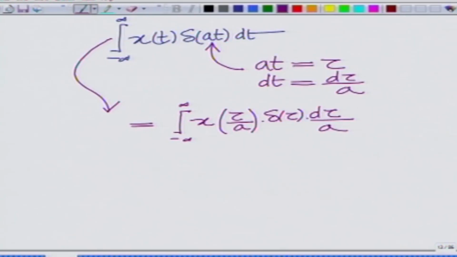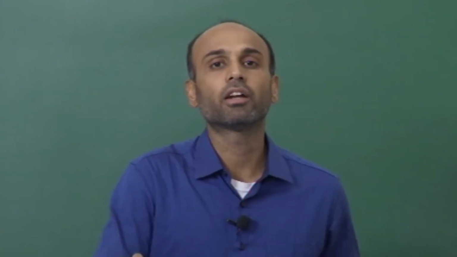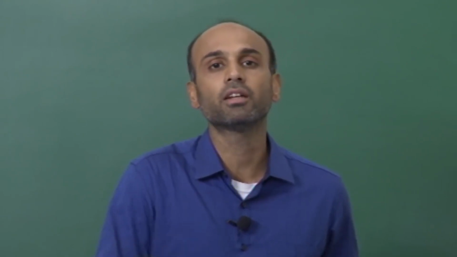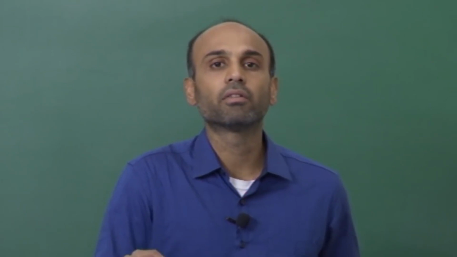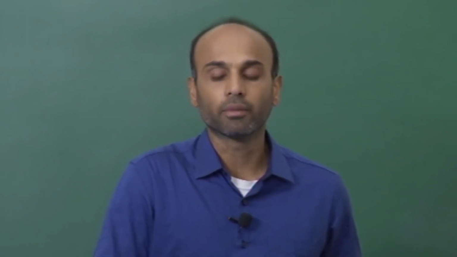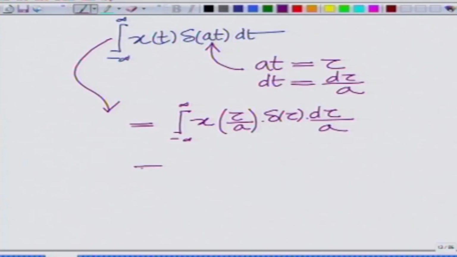So, limits become minus infinity times A to infinity times A, which are again basically minus infinity to infinity. So, limits remain unchanged, integral becomes minus infinity to infinity x of tau over A, delta tau d tau over A, which is now very simple.